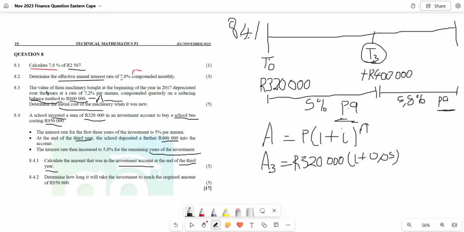Then we want to find the accumulated amount for a period of 3 years, so n now becomes 3 here. Then A3, the accumulated amount after a period of 3 years, will be equivalent to 320,000 rands in bracket 1 plus 0.05 all to the power of 3.